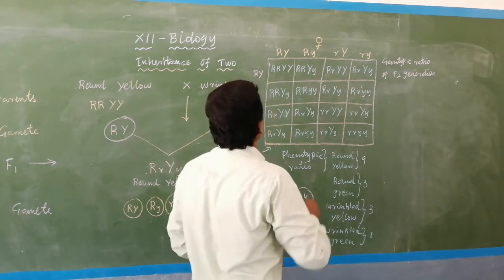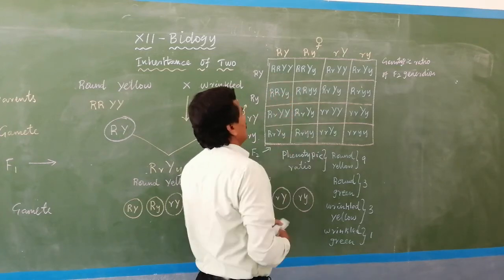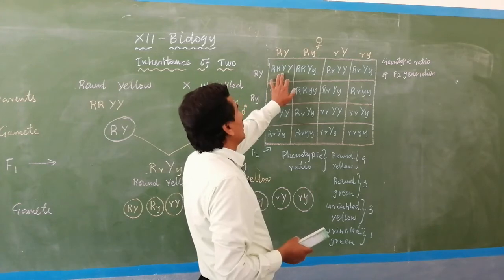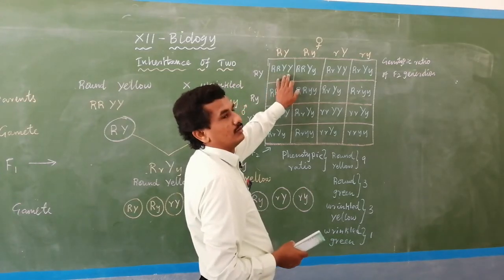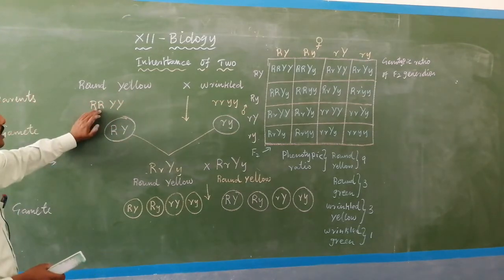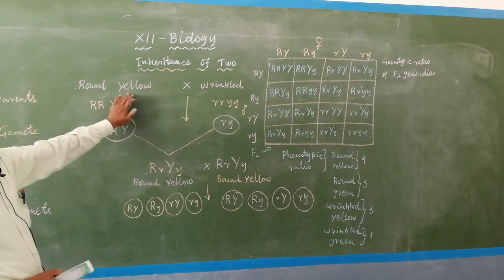So this is capital R, capital R, capital Y, capital Y. It represents homozygous round and homozygous yellow. Capital R represents the round, capital Y represents the yellow.